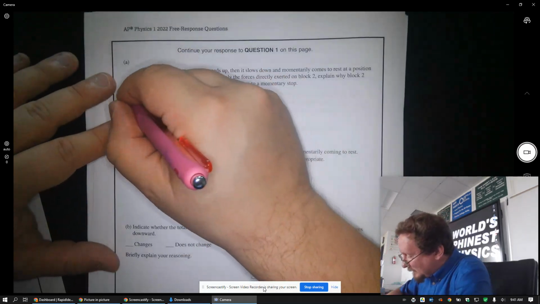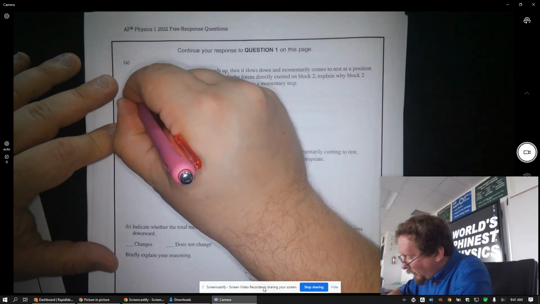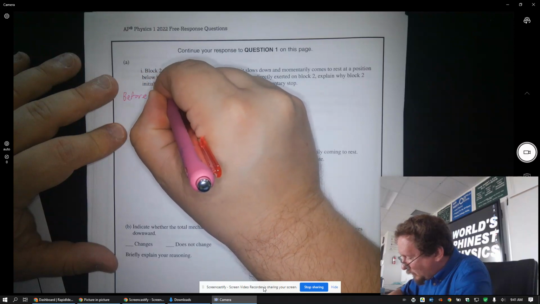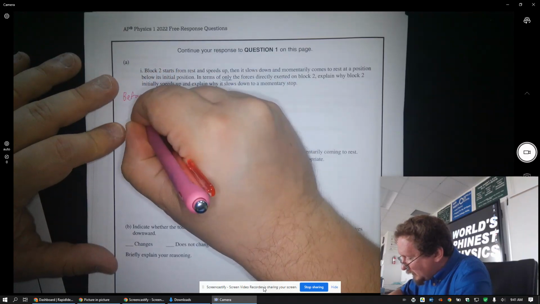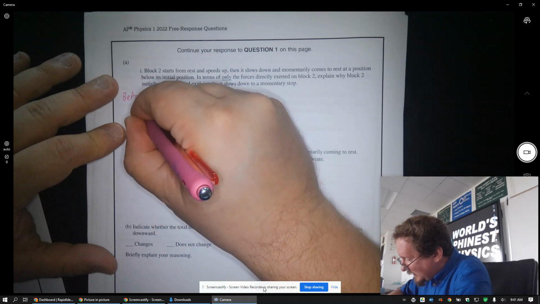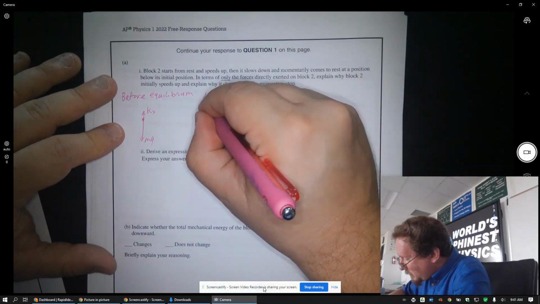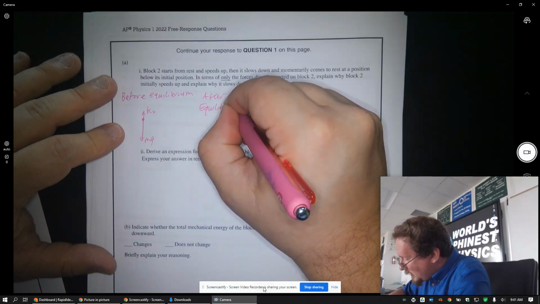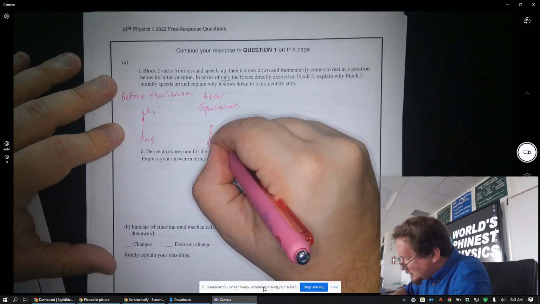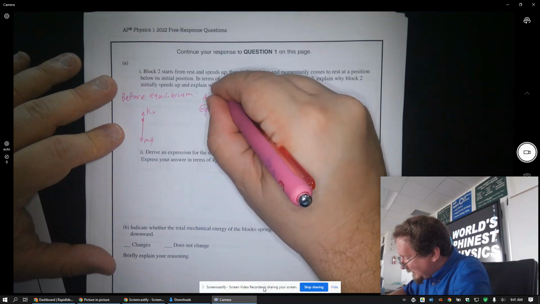So I'm going to say this. Before equilibrium, you've got mg and you've got kx, and after equilibrium, you have mg and kx.